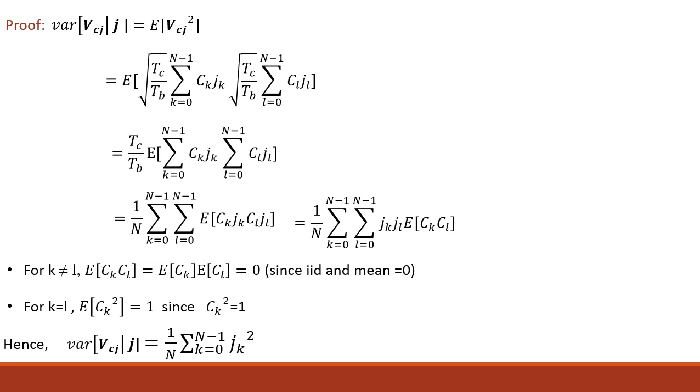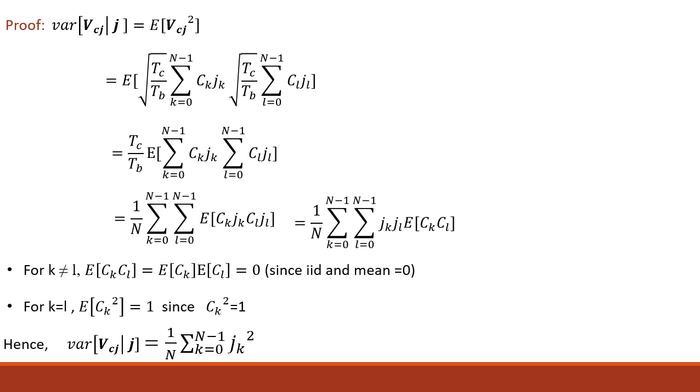So for k not equal to L, the expected value of Ck Cl will be equal to expected value of Ck into expected value of Cl. Why are we able to write the product as the expected value of each term? Because these are independent random variables. Since we know that the mean of Ck is equal to 0, for k not equal to L, the expected value of Ck into Cl will be equal to 0.